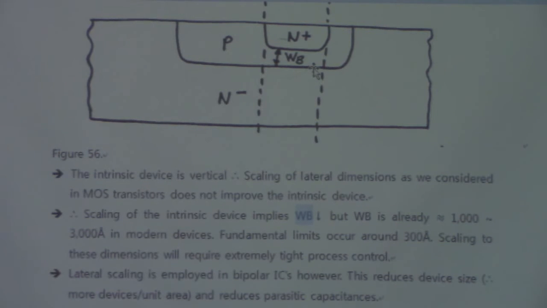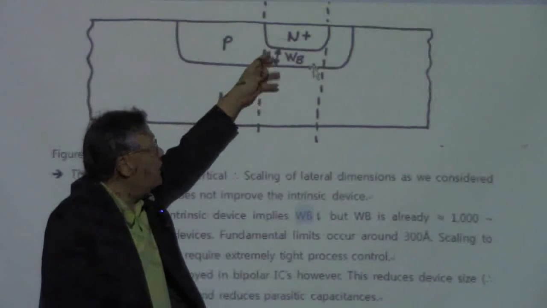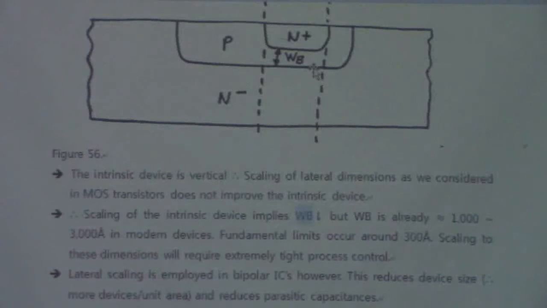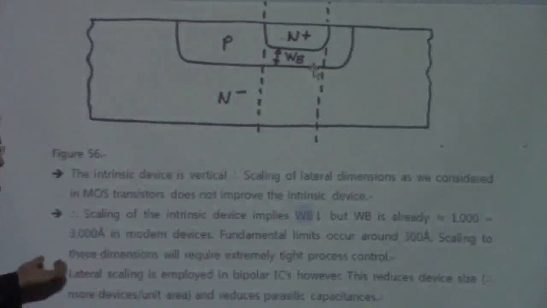In the MOS case, the gate length is determined, controlled, or modulated by the lithography and etching technique and the thin film deposition technique, things like that. But in bipolar transistors, the width, which is most important in the bipolar transistors, is controlled only by the diffusion process. And that is not that difficult, which means it is easy to get 1,000 to 3,000 angstrom.